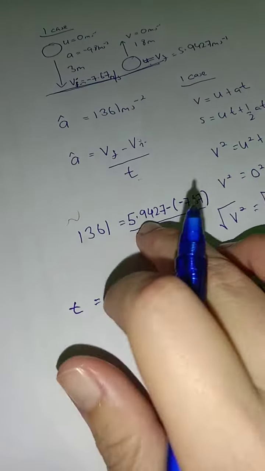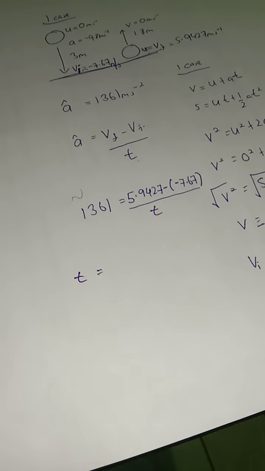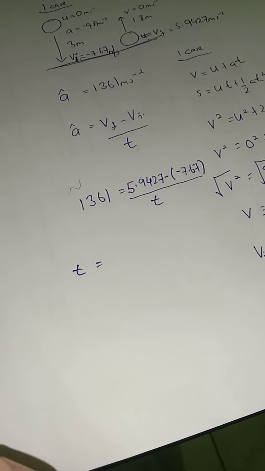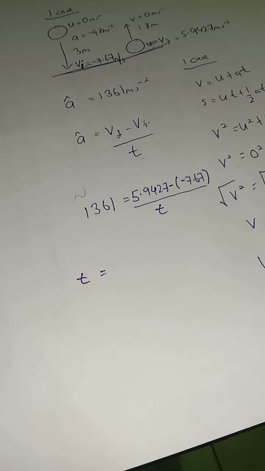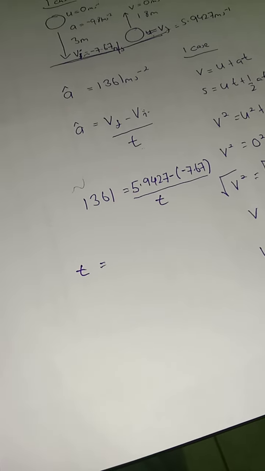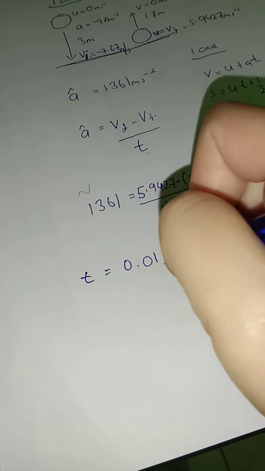To get my time, I must solve this first: 5.9427 plus 7.67, divided by 1361. So I get 0.01 seconds.